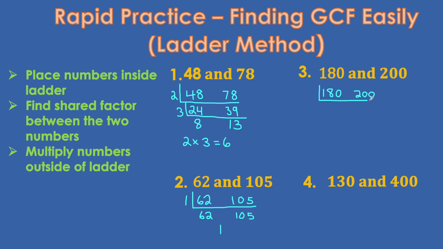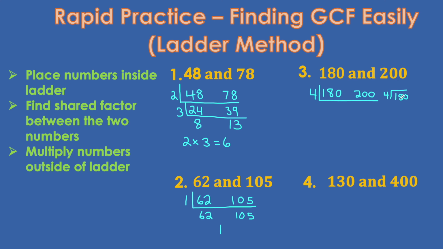Draw a ladder sign. We can use the common factor of 4. 4 goes into 180. You would divide. You can draw the long division sign here. 180 divided by 4.